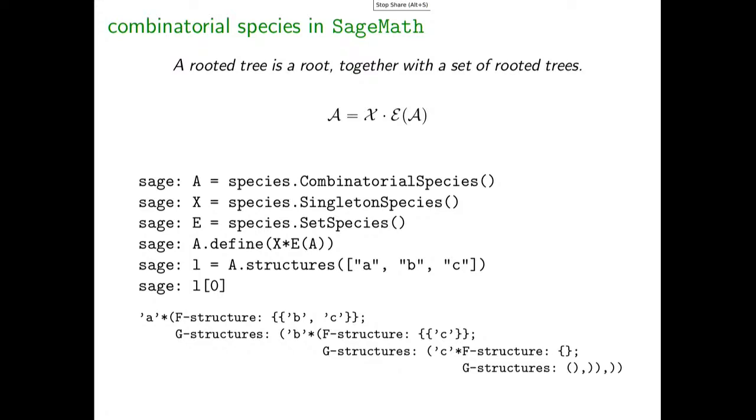The A belongs to the X, and everything in parentheses is the E of A. So you can read this long thing as a set of A's. The F structure is just a set. We have two labels left, namely B and C. And the G structures are again trees. So here we choose B as the root.